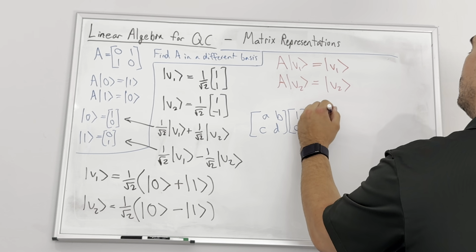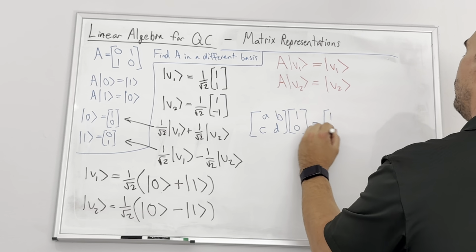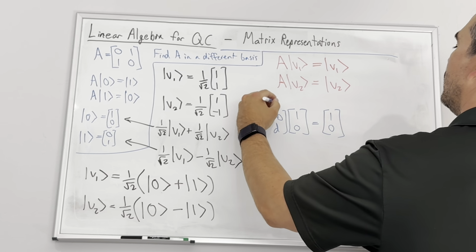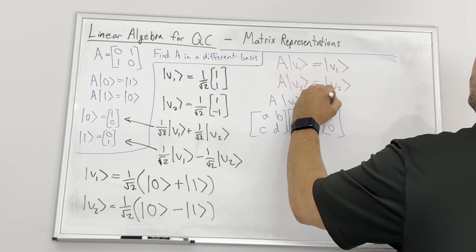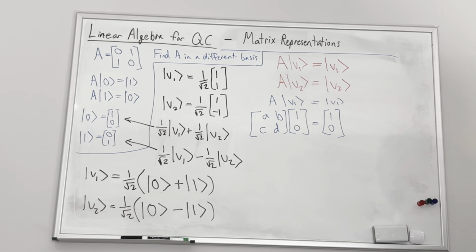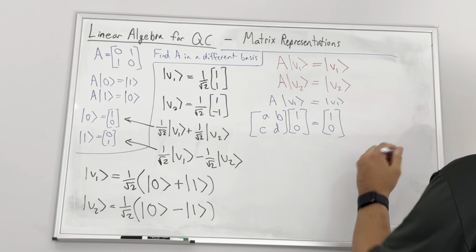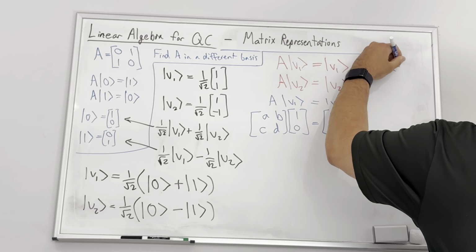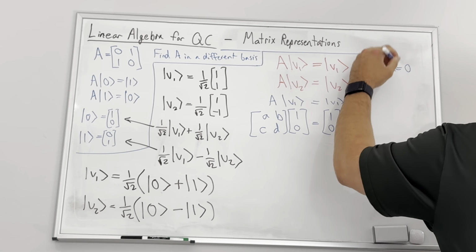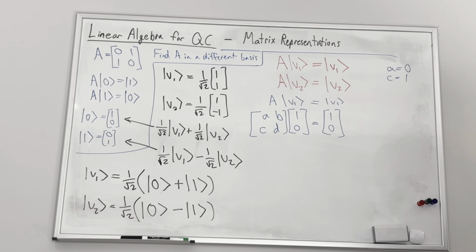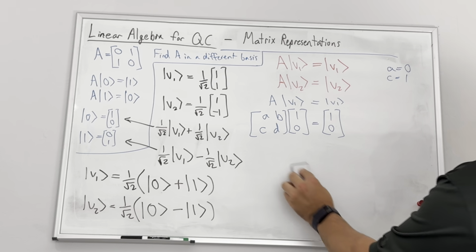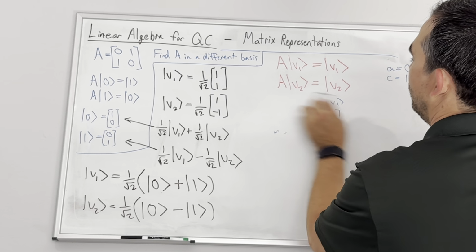So this gives me 1, 0. It's just another way of writing A times V1 equals V1, right? And we've already been through this much. So we could say that A equals 0 and C equals 1. That's exactly what we got before. So we're just going to skip that algebra for a second.